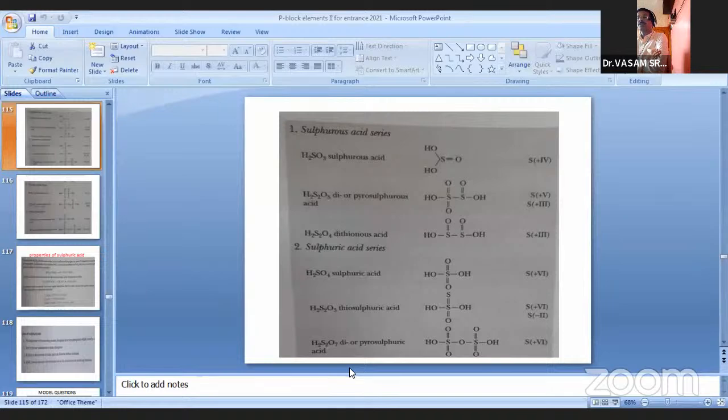So from the examination point of view, they sometimes ask the question, which of the following acids contains a bridge bond? This is the best example: pyrosulfuric acid contains one SOS bond present here, and 4 SO bonds. This is S double bond O, S double bond O, S double bond O, that is 4 SO bonds, and 2 SOH bonds and 1 bridge.